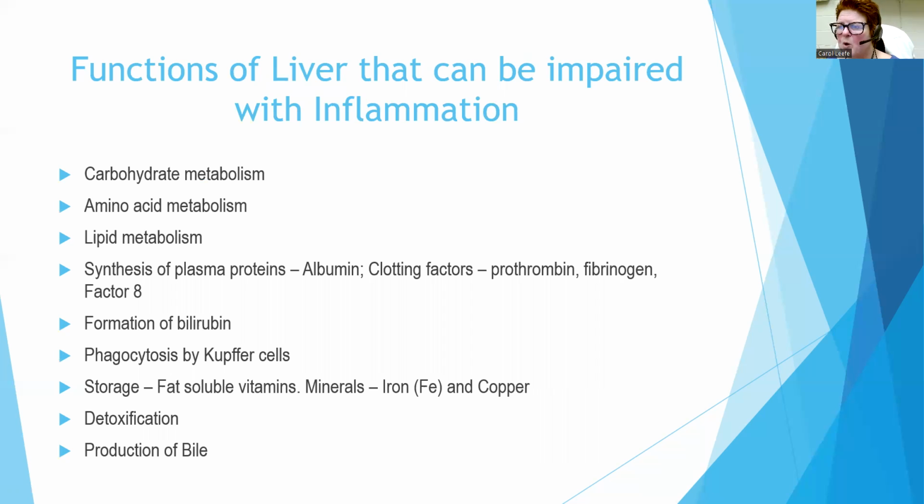synthesis of plasma proteins such as albumin. So if you remember, albumin has a lot of hydrostatic pressure when it's present in the blood, and if it's present to the concentration it needs to be, it pulls that water from the interstitial spaces back into the circulating volume.